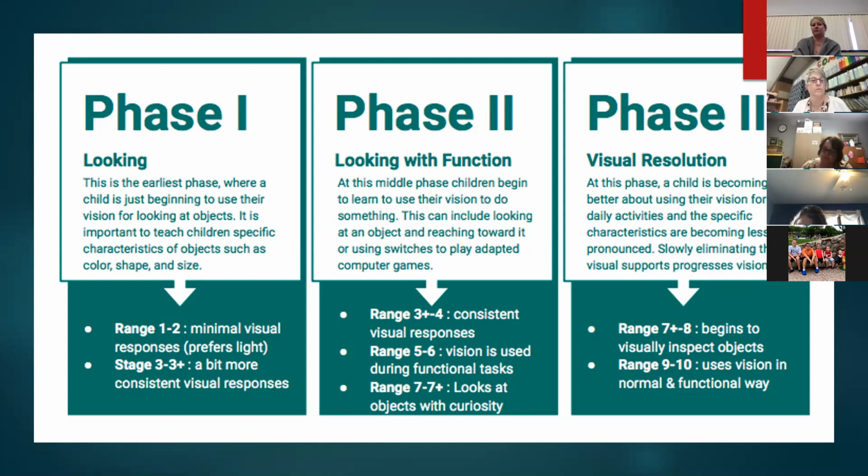Stage 3 to 3+, there's a little bit more consistent visual response. We get these kids into phase 2, and again, the time between phases could be months, could be days, it could be years. It just depends on how that child progresses and how we as teachers find what motivates them.